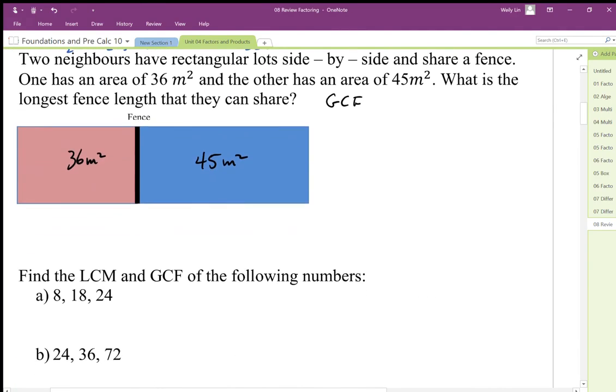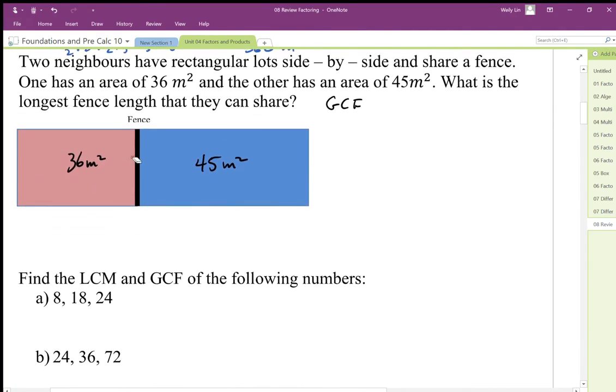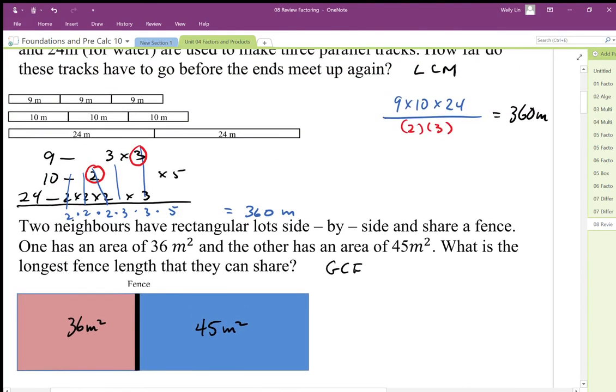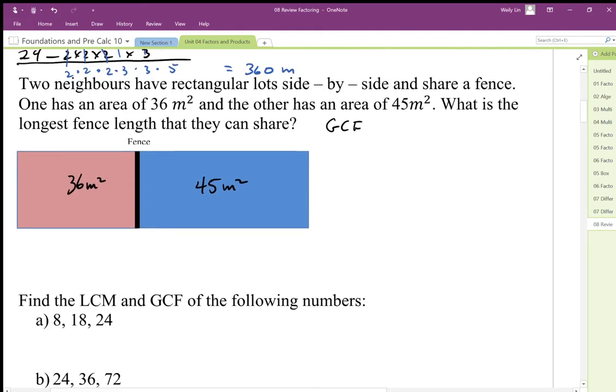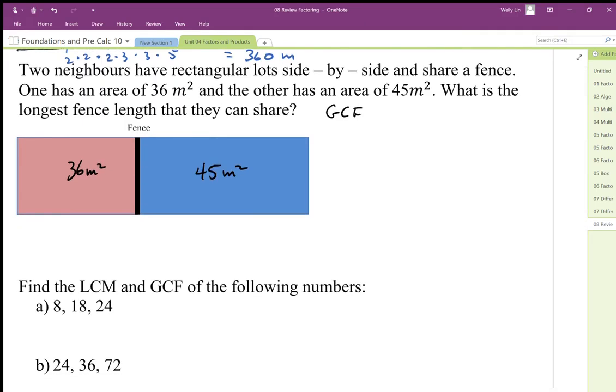So here we're looking for the biggest small number. Here we're looking for the lowest, the smallest big number. So we're looking for the biggest small number here, where we break it up into pieces. The other one is the opposite. So what is the common side length that can be shared along this fence? We're looking for the biggest factor that these share. The biggest divisor is going to be 9.